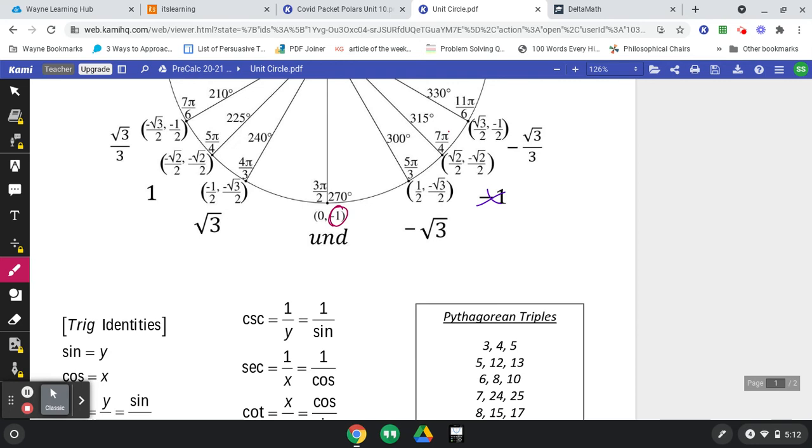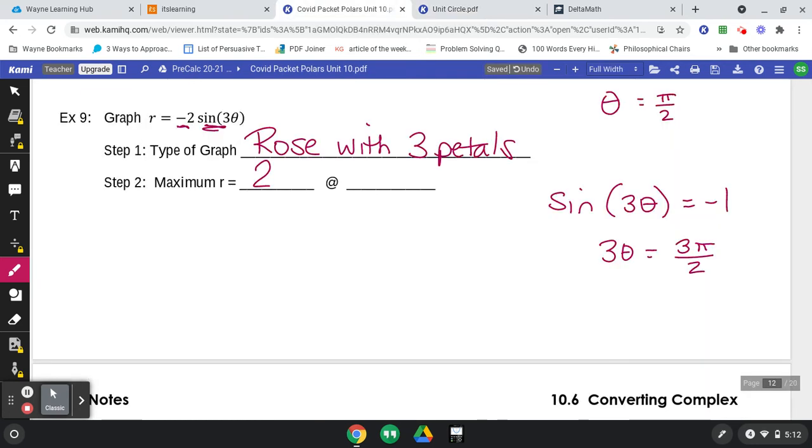Down here, 3 pi over 2. So I'll put that over 1, multiply by the reciprocal like I always do. And here my 3's are going to cancel out. And I'm left with pi over 2.